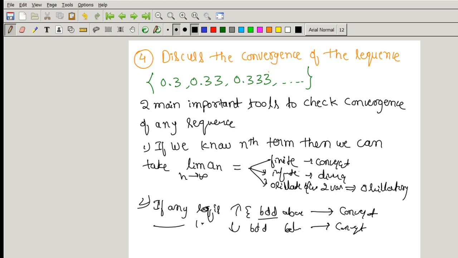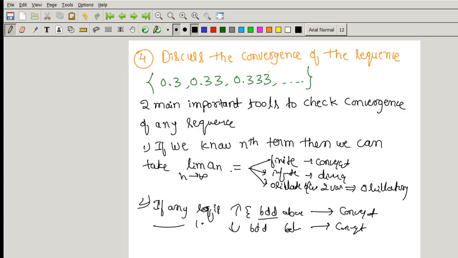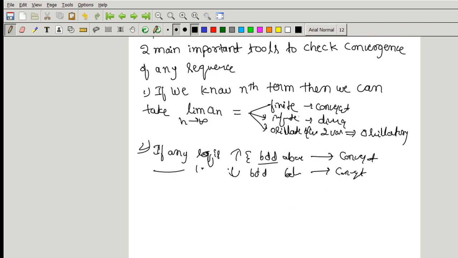So these are the main important tools to check convergence of a sequence. If you know the nth term, we can directly apply the limit as n tends to infinity. If you don't know the limit of the nth term, then you can use this tool.